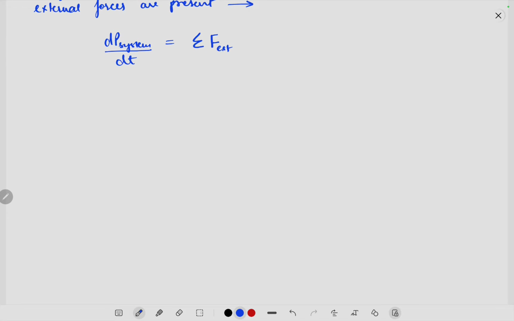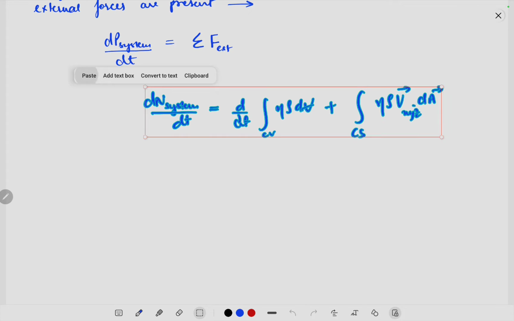Now what was our Reynolds transport theorem?